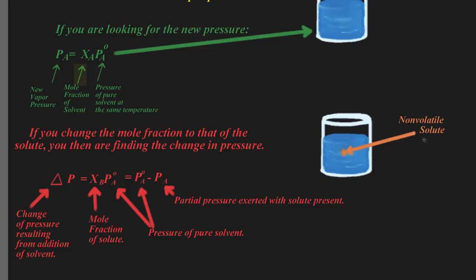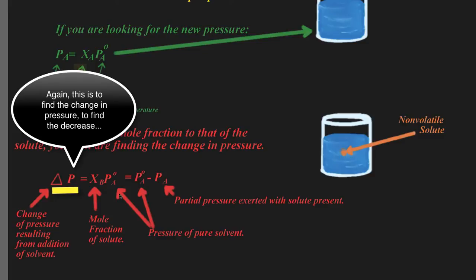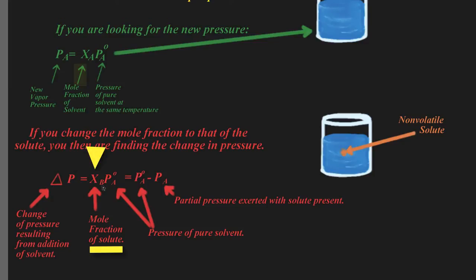So when we add this non-volatile solute, again, the pressure is decreased. Sometimes they ask for that new pressure, that last formula we just did. Or sometimes they just want the change in pressure associated with it. So again, the change in pressure uses mole fractions. And what you do is you look at this part right here. The mole fraction of the solute is what is placed in the formula instead of the solvent.